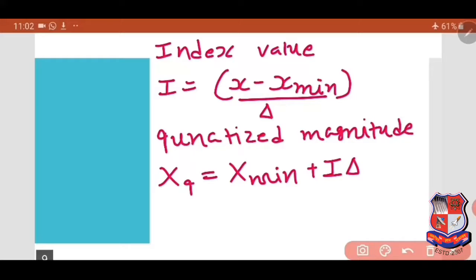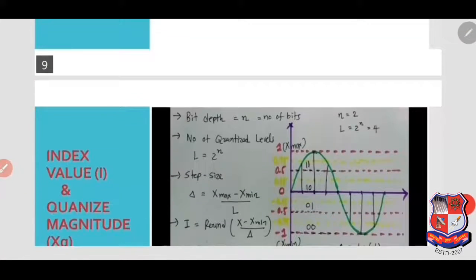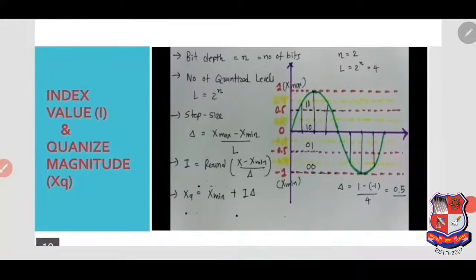So there are two terms we are going to find out, and they are very important to convert the signal from analog to digital data. Now we move to the next slide so you can understand it better.